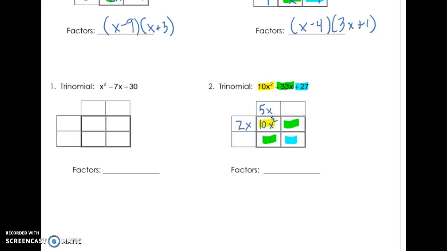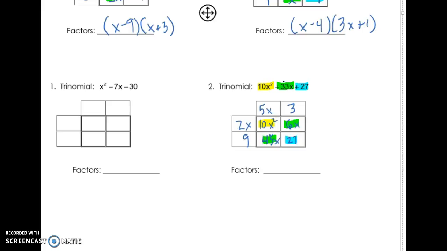So I'm going to put the 9 here and the 3 here. So this is 6x and 45x, and this would be 27. And this doesn't work because 45 and 6 are not going to add up to 33. It's going to add up to 51.